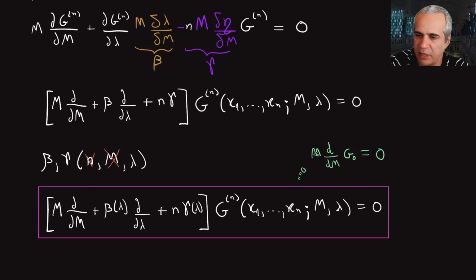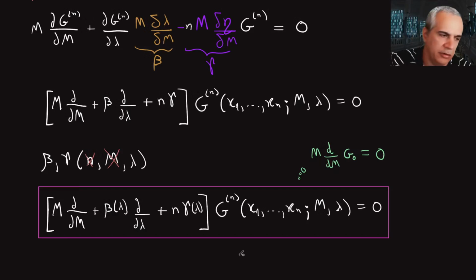This multiplication by m is just to make the right functions appear here, beta and gamma. And in fact, I'll give an exercise to get here straight from that equation.